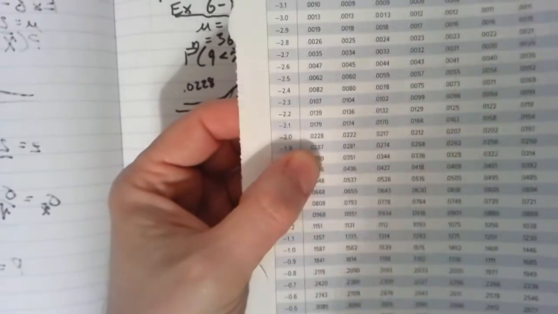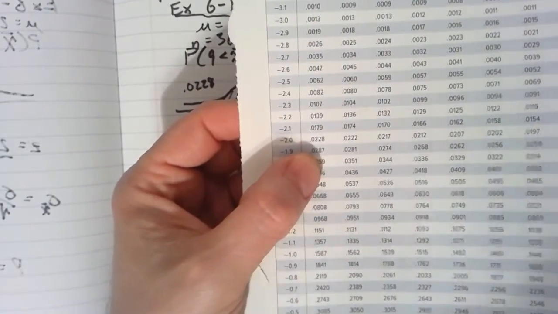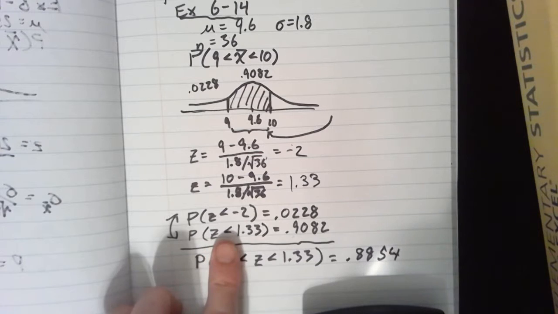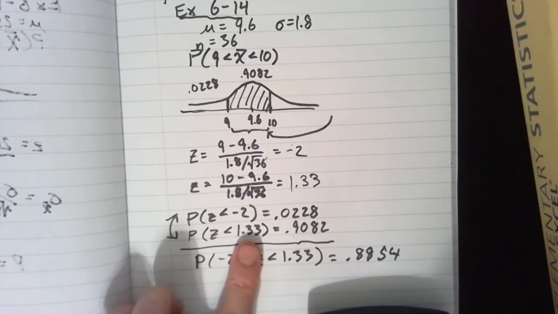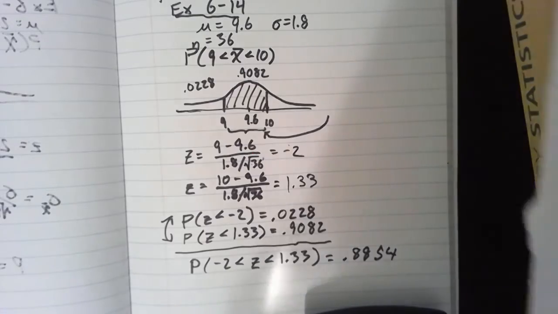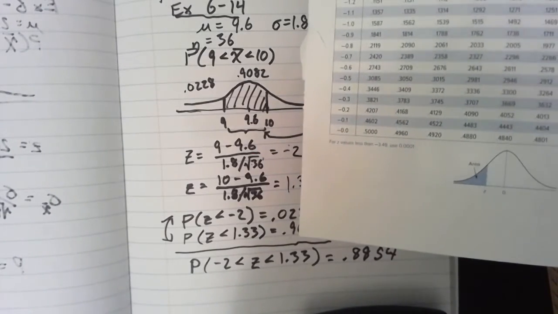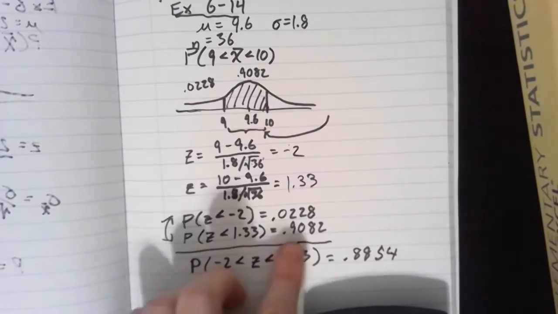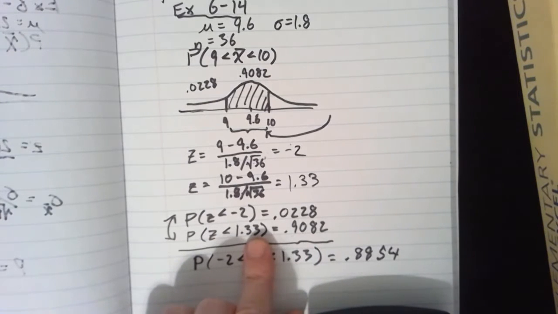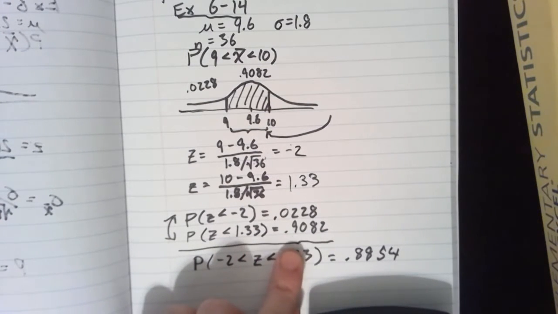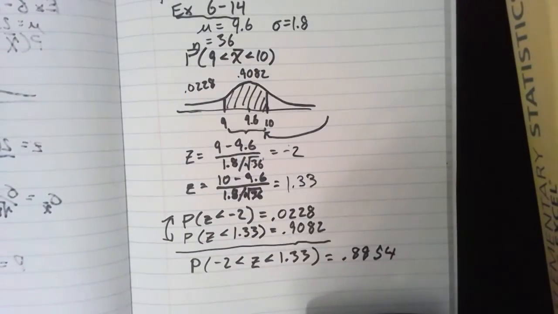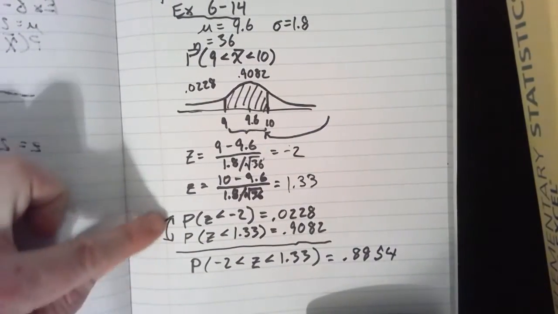Yeah, there, that is that one right there. Okay, so that one was easy. Then similarly, I looked up the probability that z is less than 1.33. Remember, since these are left areas, everything's going to be a probability that the z is less than. So that one we just look up 1.33 on the other side of the page. We get 0.9082. And then the probability that the z value is between these is just this one minus this one. So that's why I subtracted here.